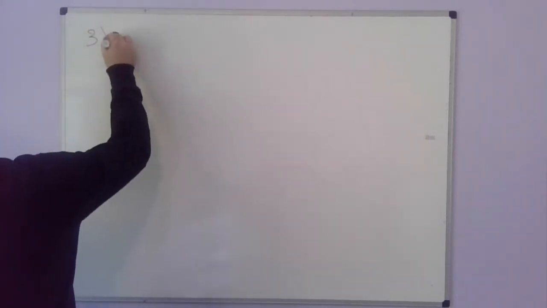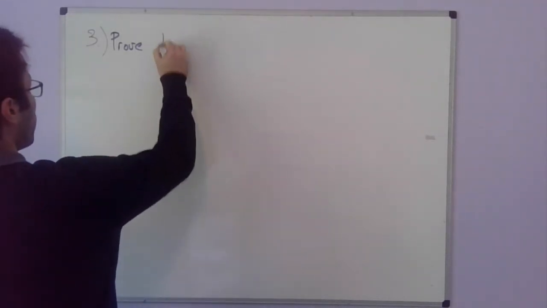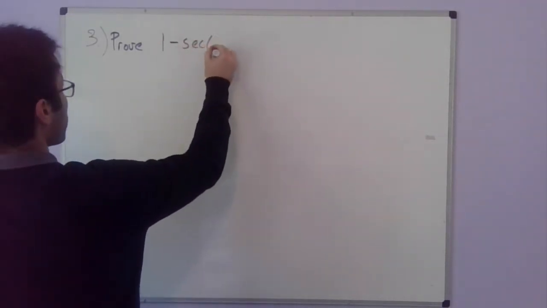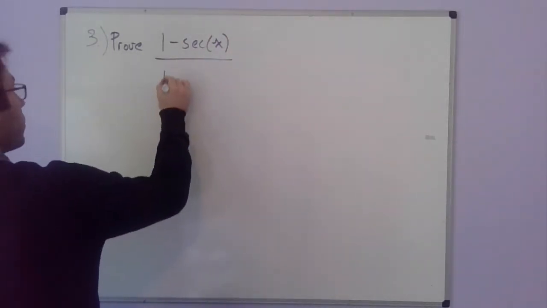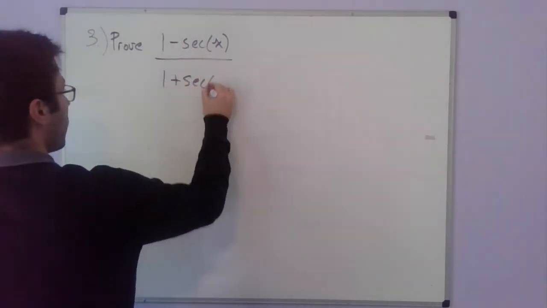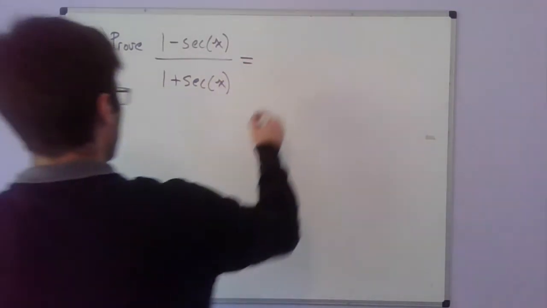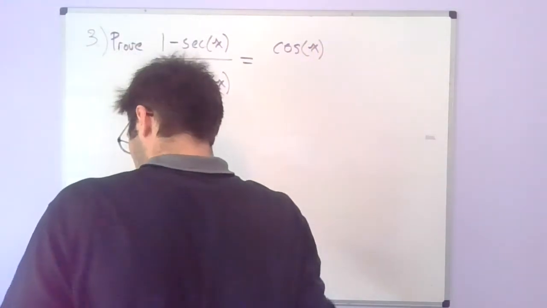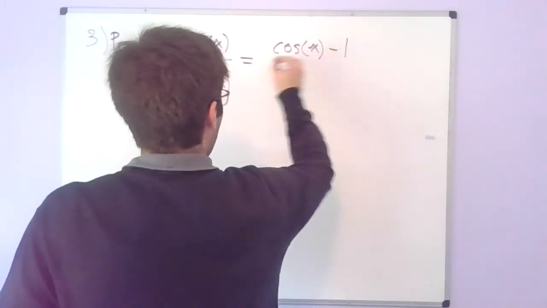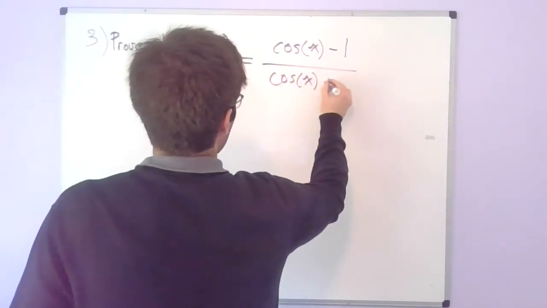Number 3. It says prove 1 minus secant x over 1 plus secant x, that this is equal to cosine x minus 1 all over cosine x plus 1.